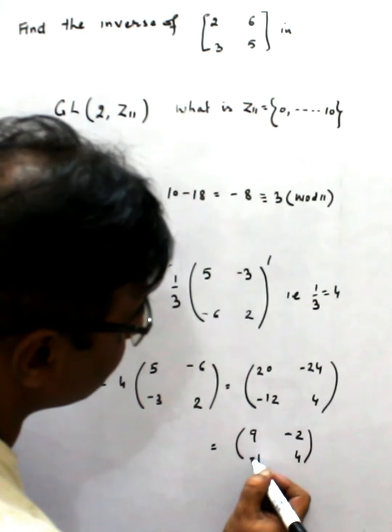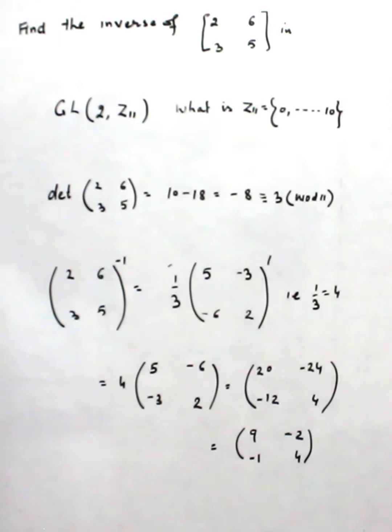Now for these negative numbers, again we find the congruent numbers.